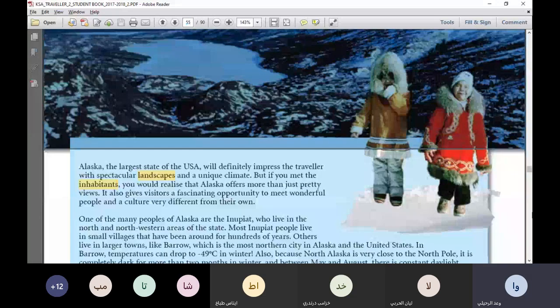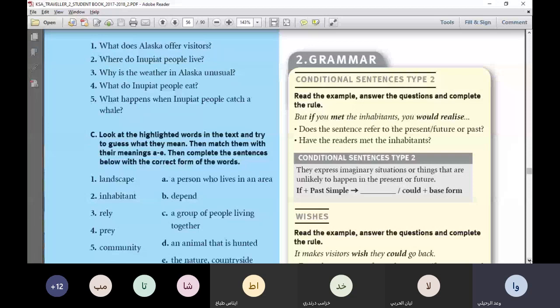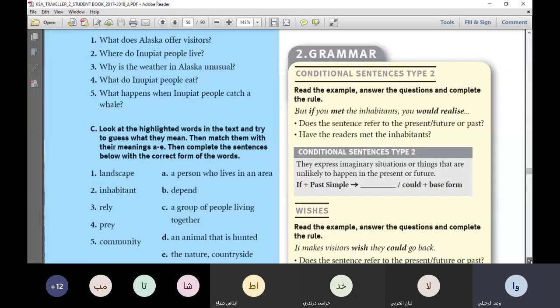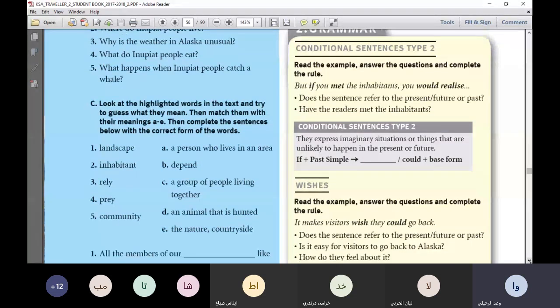Now, the conditional sentence type 2. Again, we're going to use if, okay? But I have the verb in the past simple, not the present simple. And I can use, in the second part, the result, would or could with the verb in the base form. There is no imperative, Ola.